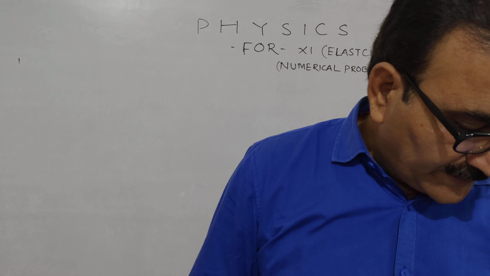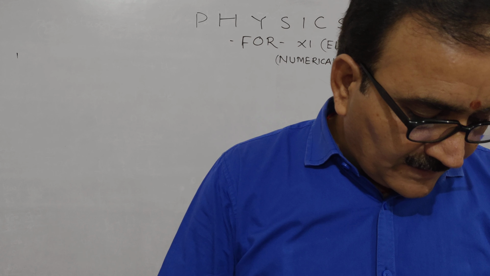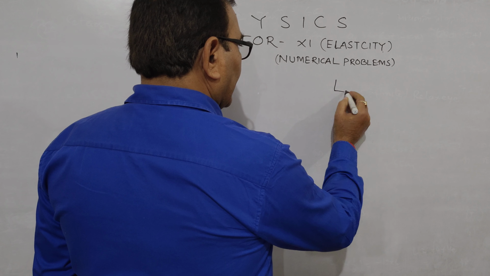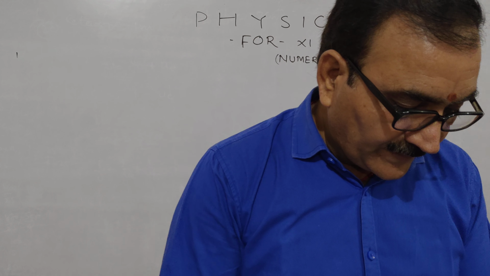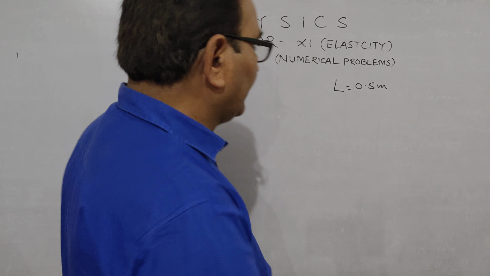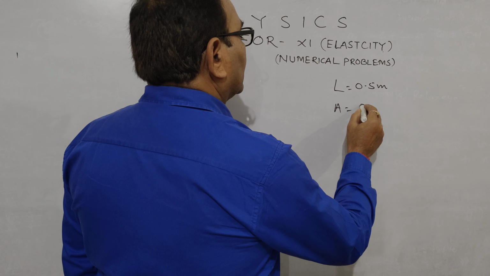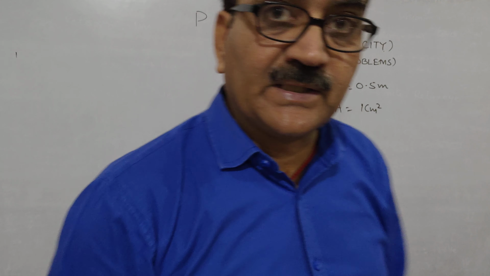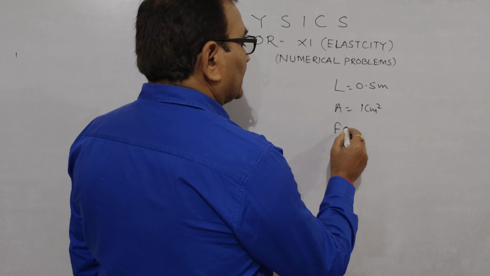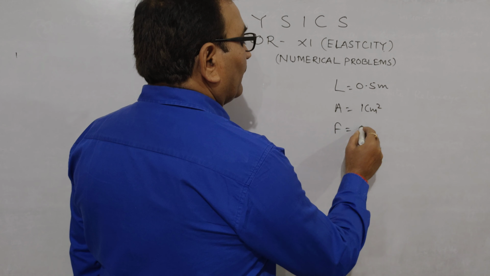Here is the question: calculate the increase in energy of a brass bar of length 0.5 meter. This is the length of the brass bar, and the cross-sectional area is 1 centimeter square, and it is compressed with a load of 5 kg weight.